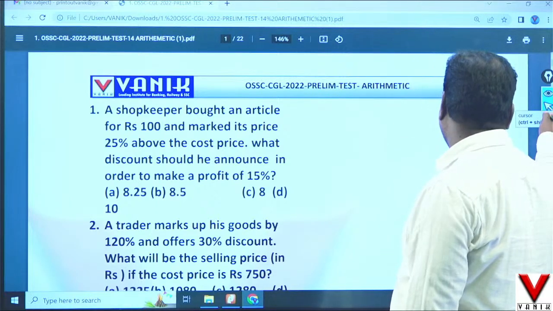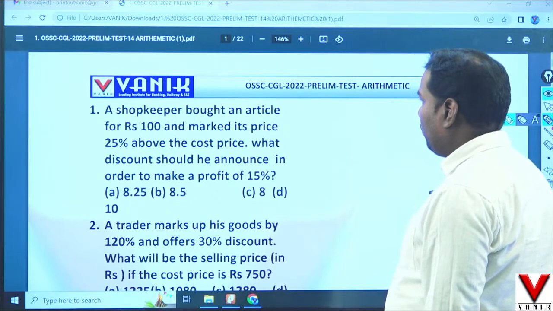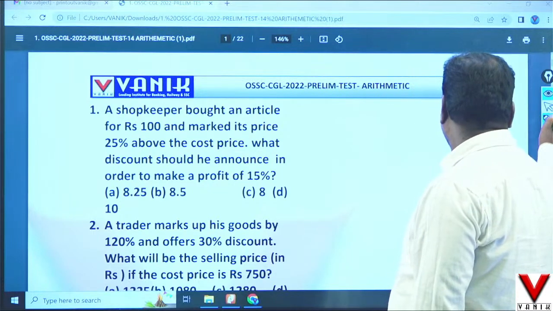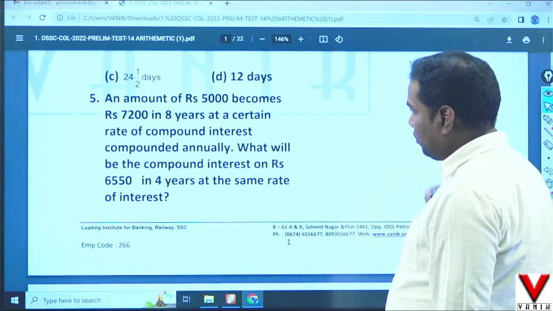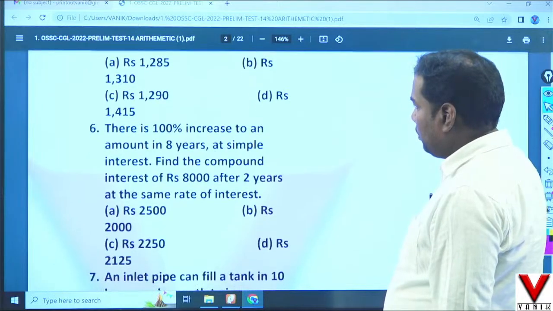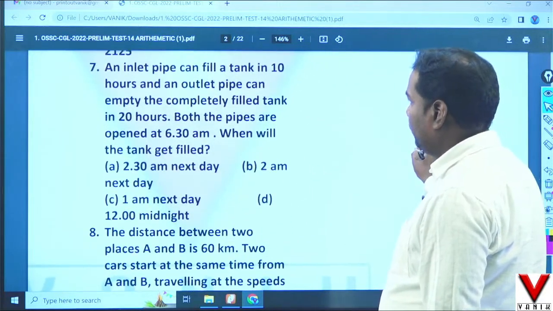Okay, 8%. 10 by 125 of the marked price. Come to the next number. Question number 5 is finished, question number 6 is also finished. Come to question number 7.